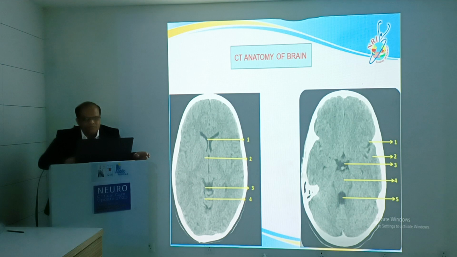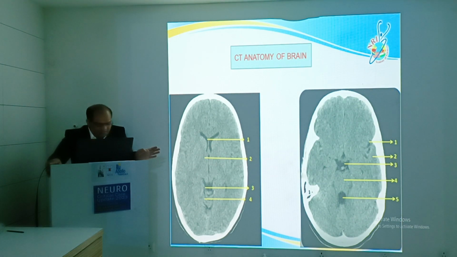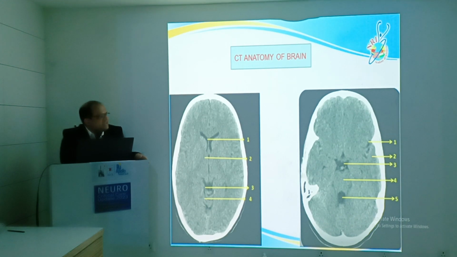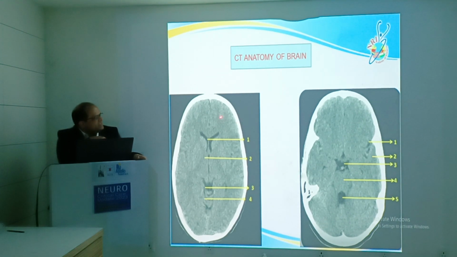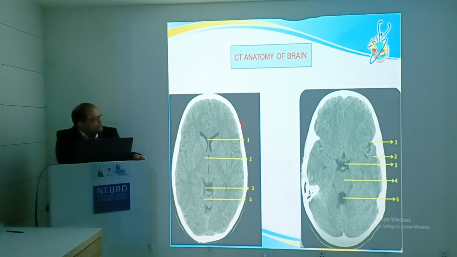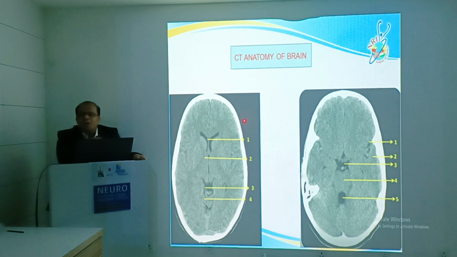Just to have a look at this CT scan, we are observing three colors here. One is the brightest, which has the highest attenuation, and the tissue with the highest attenuation is the bone.